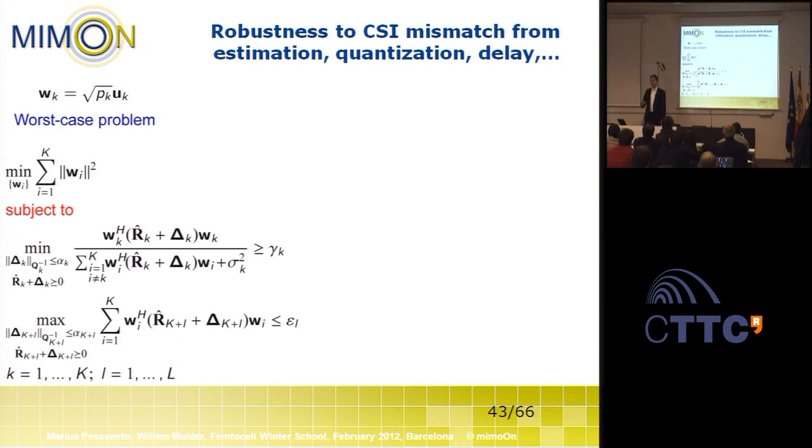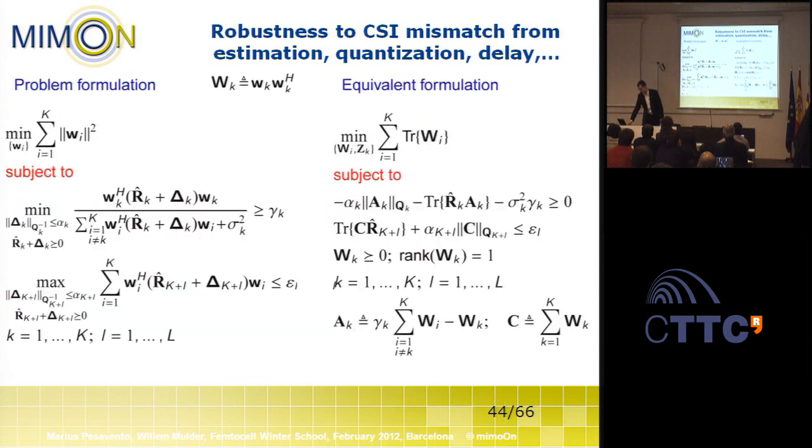In this case, we can also look at the worst errors that may occur. So we take the minimum of the SNR: we look at the mismatch matrix which is minimizing this SNR expression, or the worst case mismatch matrix which is maximizing the interference. And for this, we want to guarantee that the constraints are still satisfied.